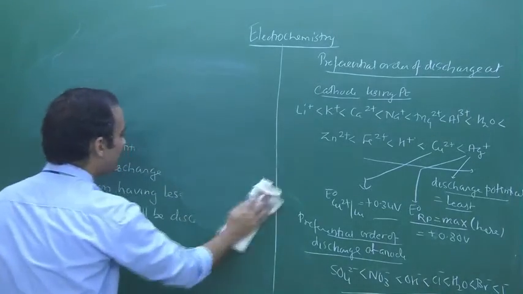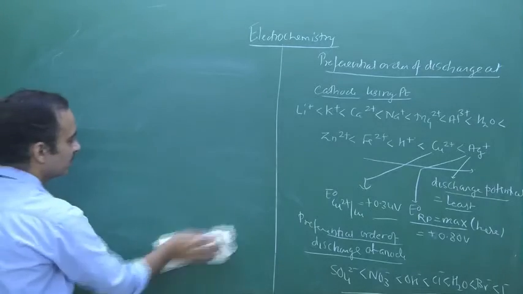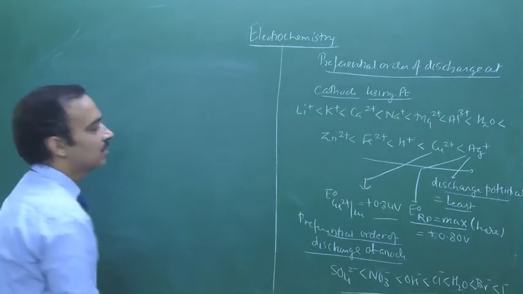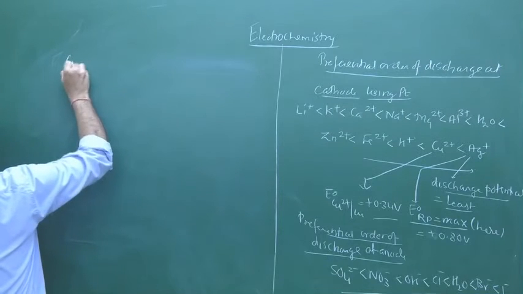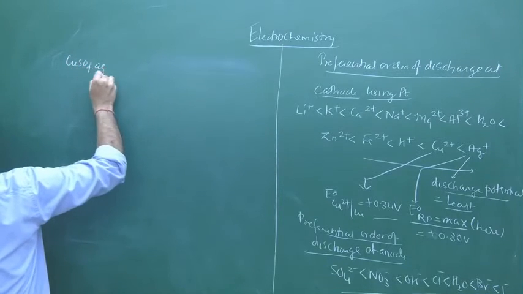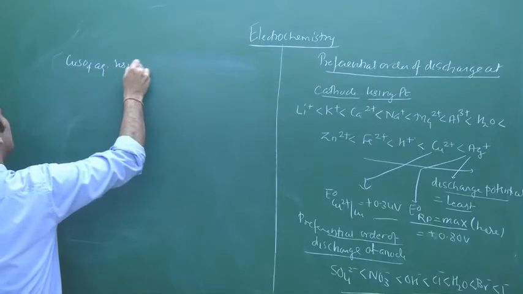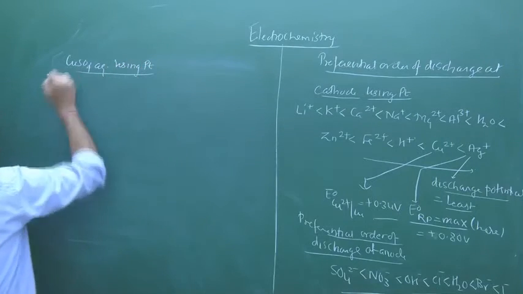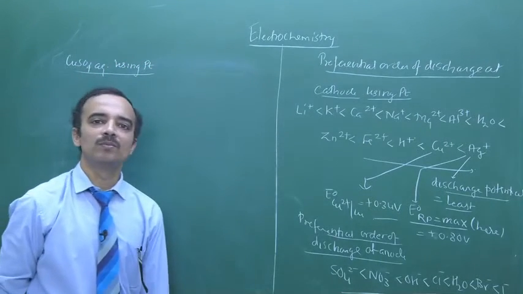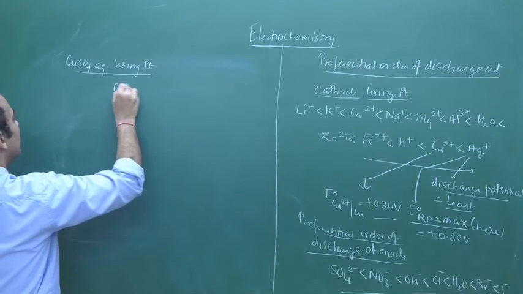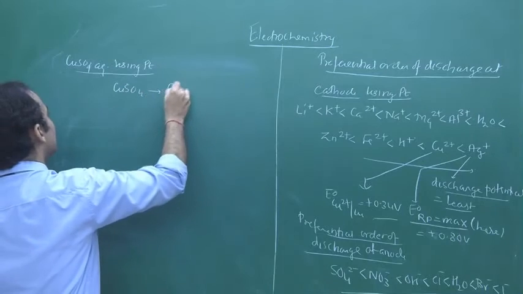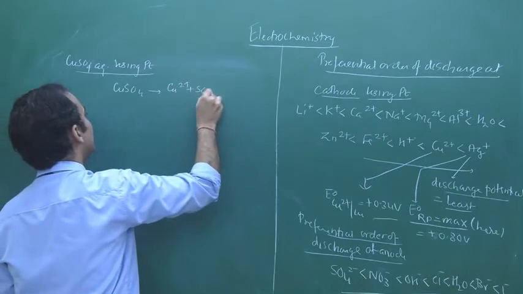So this is the preferential order of discharge at anode. Now let us see some examples. Suppose we have copper sulfate using platinum electrode. Beta, at cathode, first of all let us see what ions are present here.